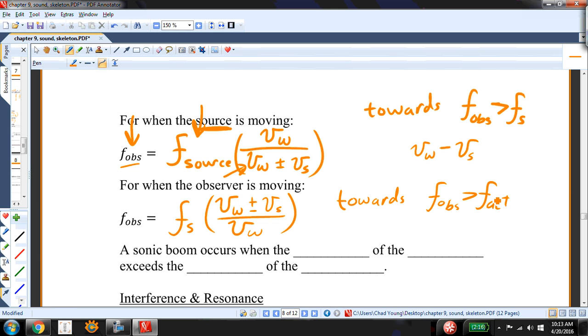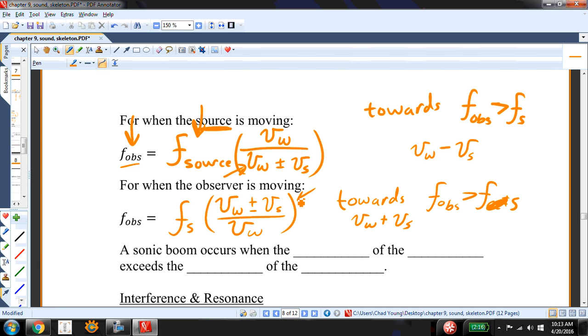So if you're holding a buzzing thing and you run towards someone, the frequency will appear higher. And if f obs is bigger than the actual frequency, which is our fs, then I'm going to have VW plus VS in the numerator here, because that gives me an observed frequency that's bigger than the source frequency. If I'm moving away, then I use negative. So just think about how to use those positive or negative signs.